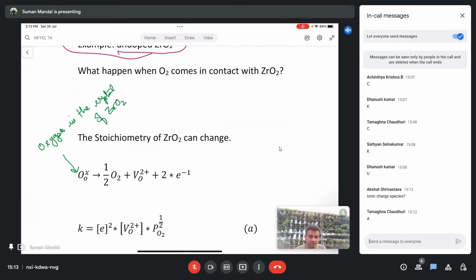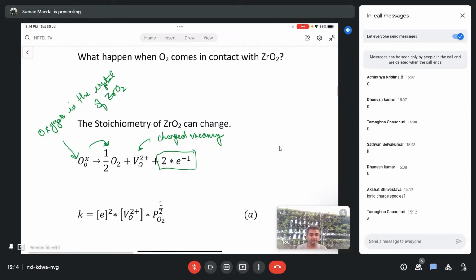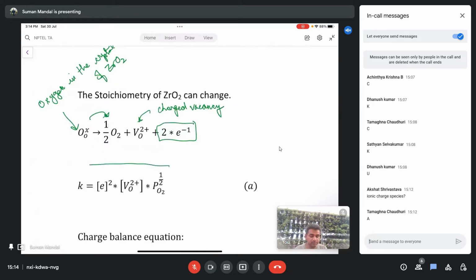So some part of it is oxygen that goes to the ambient, becomes a gas and leaves. Some part of it can create a charged vacancy. So this is a vacancy, a positively charged vacancy in the oxygen site in the lattice. Then you can also generate some electrons. Just like any chemistry equation, you can write an equilibrium constant for this.